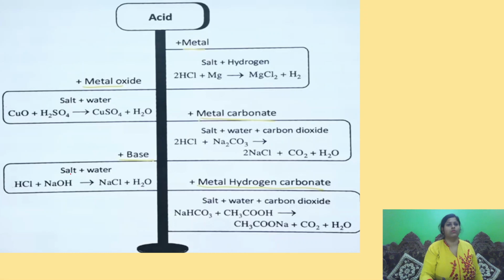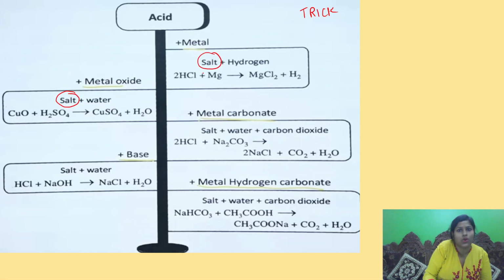Now this is the most important part. This is a trick to remember. You see here we reacted acid with metals, metal oxide, bases, metal carbonate and metal hydrogen carbonate, right? So what is common to all? You see here, everywhere on the product side you are getting salt.